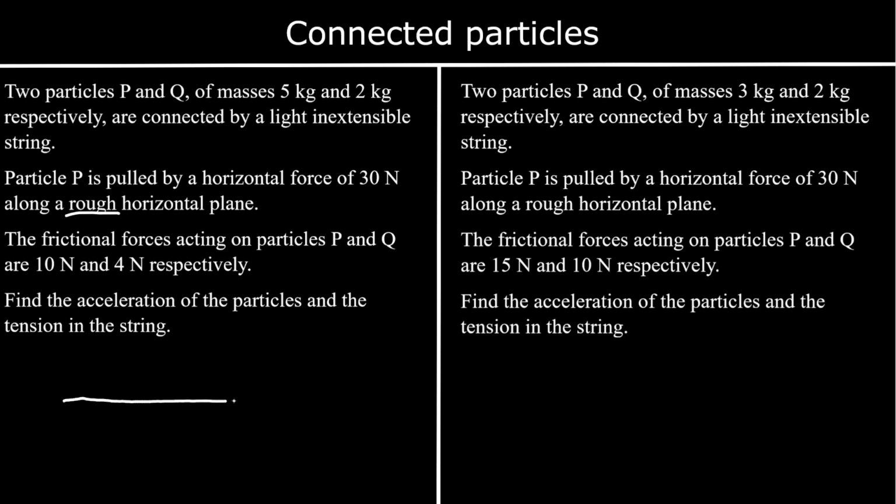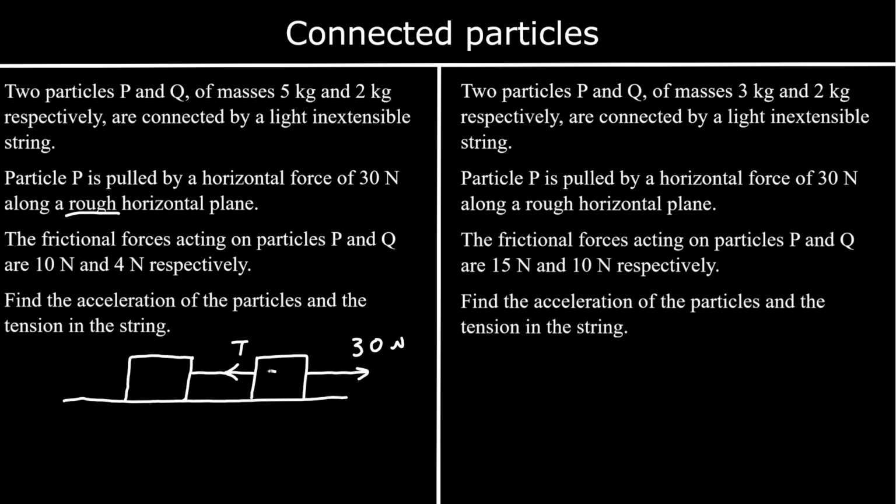So let's draw a horizontal plane. We've got P being pulled by a force of 30 newtons, and it's connected to another particle called Q, and there's going to be a tension force.